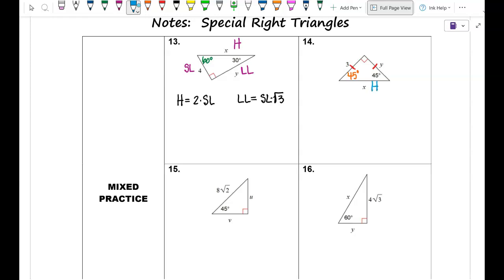And because this is an isosceles right triangle, we have leg equals leg in this situation. So here we're using hypotenuse equals leg times radical 2, and leg equals leg. And again, I will give you some time to go back and substitute in and simplify. Just making sure we have the setup done correctly.